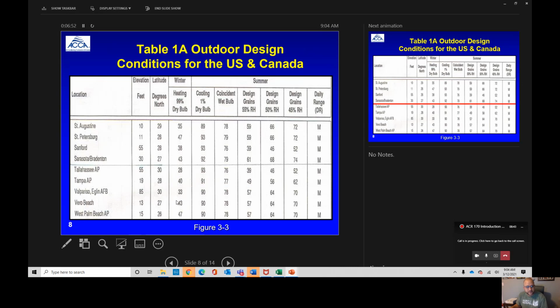It looks like Vero Beach is their winter heating 99% dry bulb. So what this means, the best way I know to explain it, is 99% of the time, this is your average. So yes, there could be times that it's colder than this. There could be times in the summer that it's warmer than this, but this is your average design day.